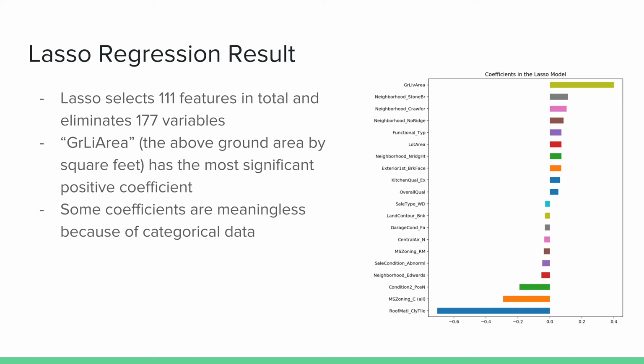Among these useful features, the above-ground living area in square feet has the largest positive coefficient. That makes sense because the living area is greatly related to house price. And the most negative coefficient may represent the most unrelated features.